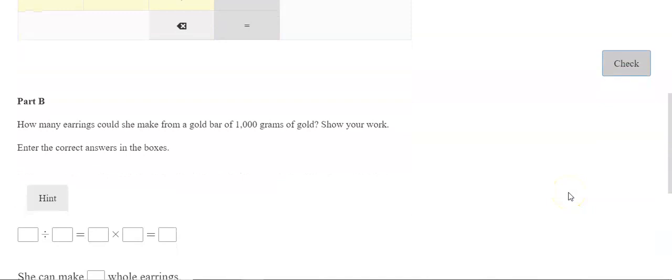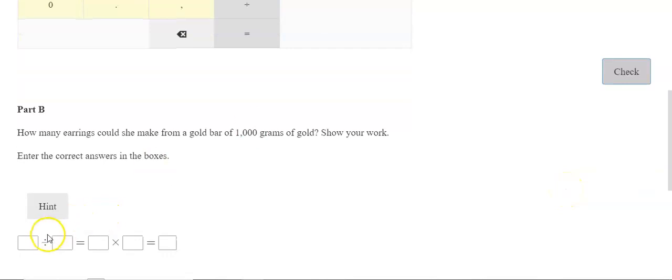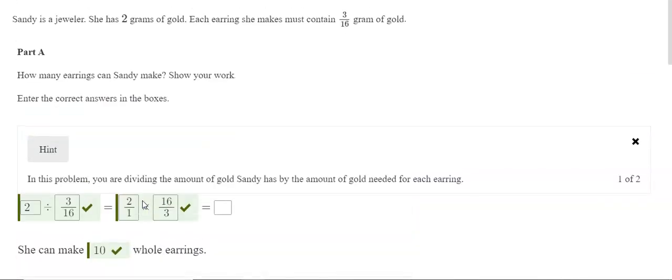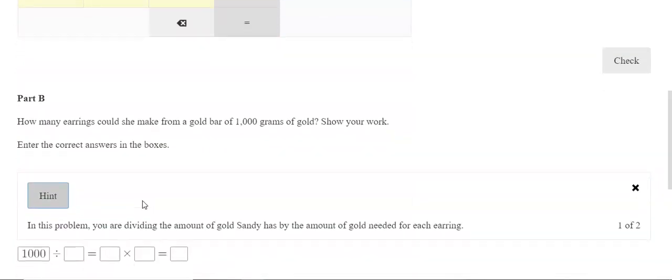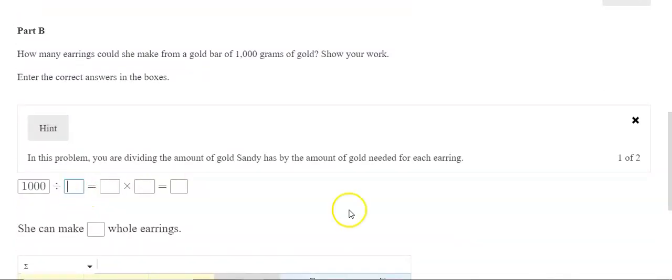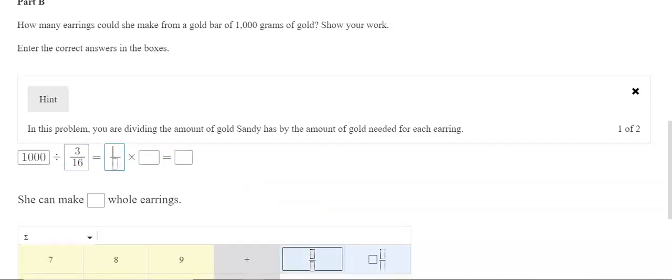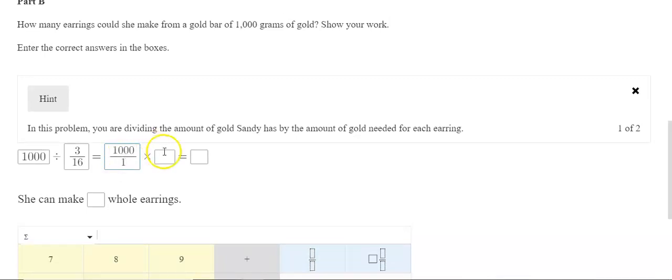Okay, how many earrings could she make from a bar of 1,000 grams of gold? So instead of 2 this time, she's going to have 1,000 divided by 3/16. So 1,000/1.